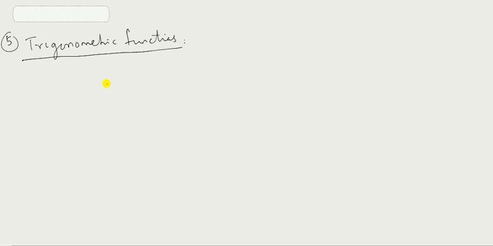For trigonometric function, I will take the x-axis values in radians. Radian means in terms of pi or pi by 2 you have to take it. So now if I have the x-axis in terms of radians, then I will plot.